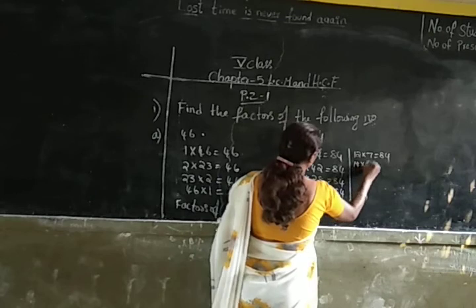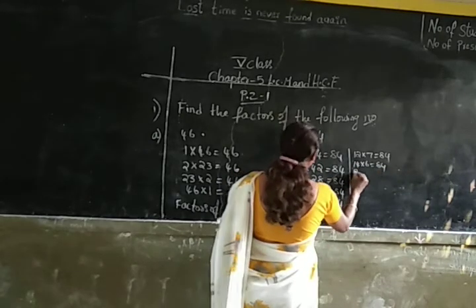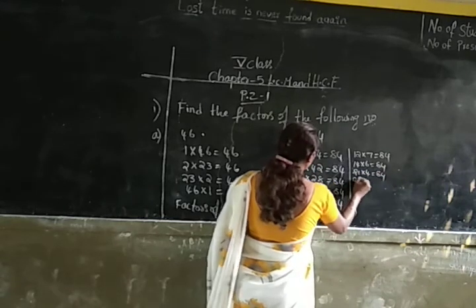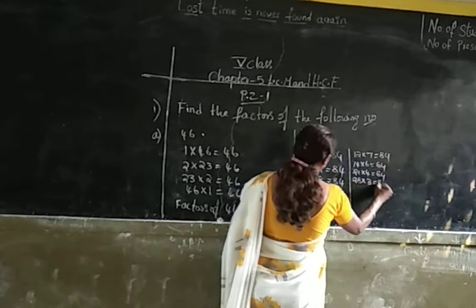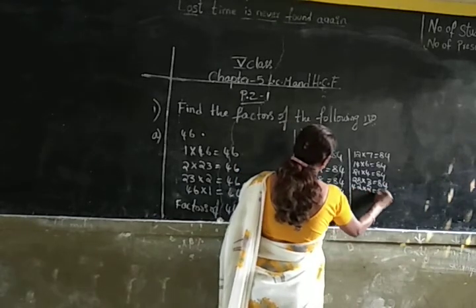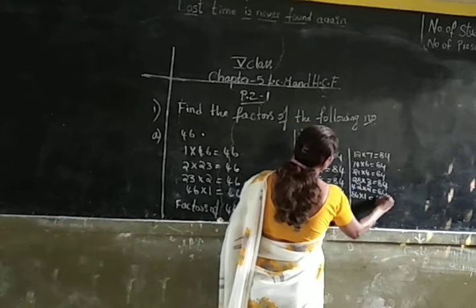14 6s are 84. 21 4s are 84. 28 3s are 84. 42 2s are 84. 84 1s are 84.